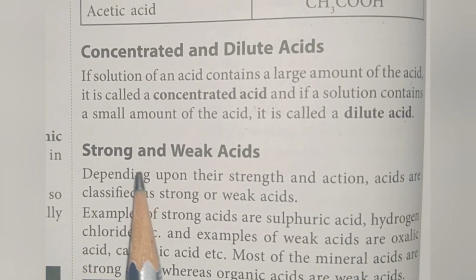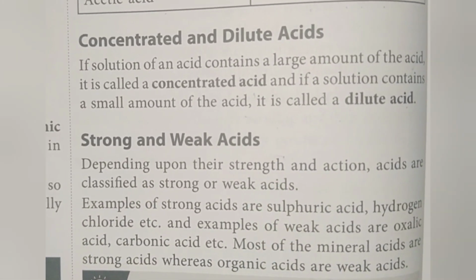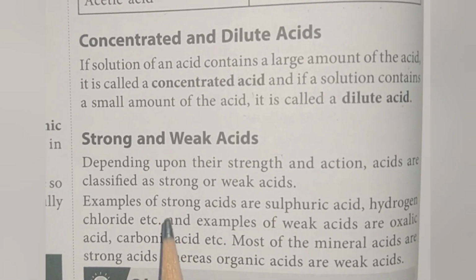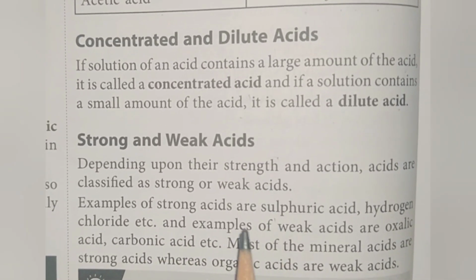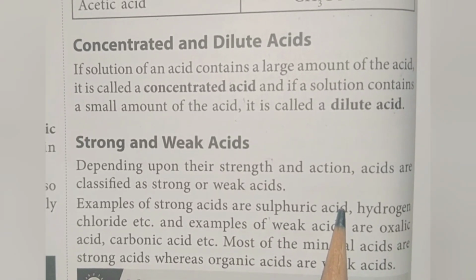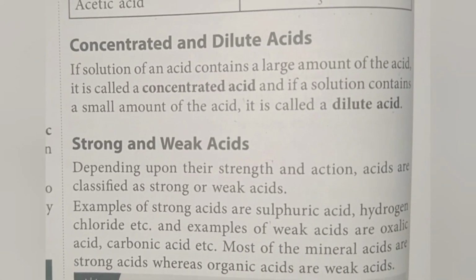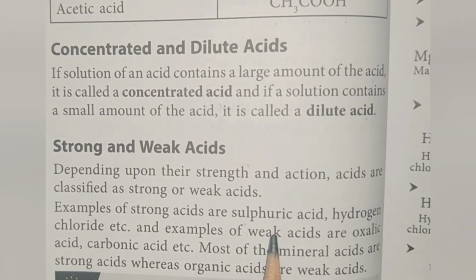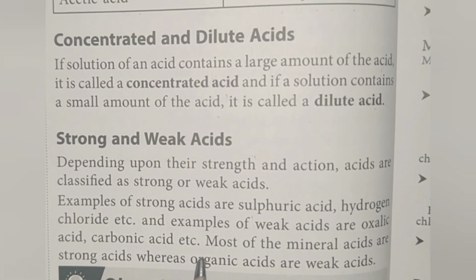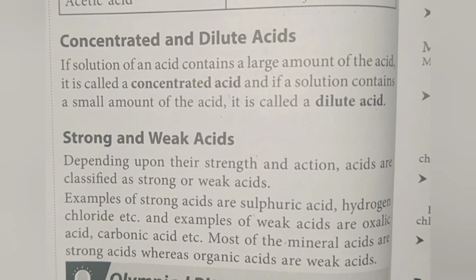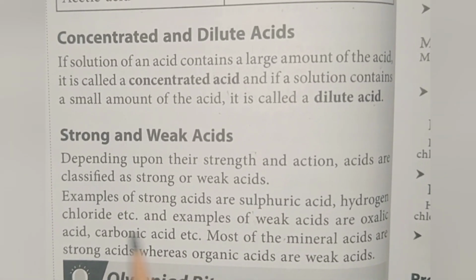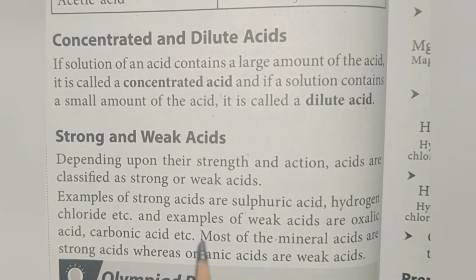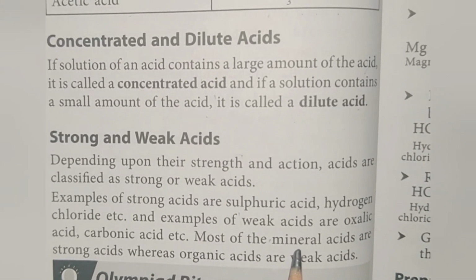Now strong acid and weak acid. This concept is totally based on how much hydrogen is ionized in solution, whether it will be strong or weak. For example, strong acids ionize 100% hydrogen ion in their solution. For example, sulfuric acid has 2 hydrogen atoms and it ionizes 2 hydrogen ions in its solution.